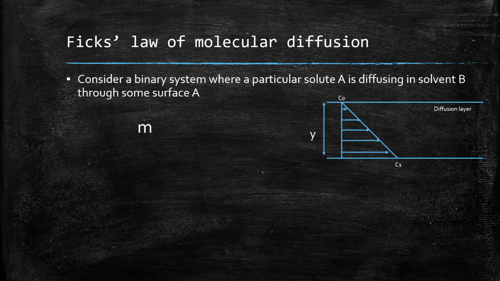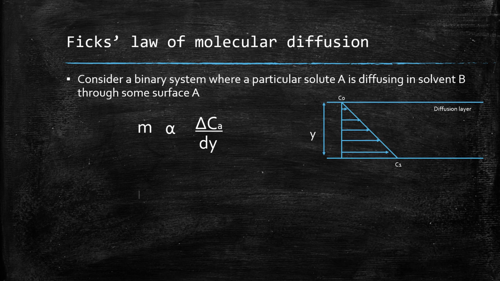Again, if we now see the mass flux that is going to happen, it will be directly proportional to the concentration difference. Higher the concentration difference, higher is going to be the mass flux. Also, the mass flux is going to be inversely proportional to the thickness of that diffusion layer. Higher would be the thickness of diffusion layer, lower would be the mass flux, because higher amount of resistance will be offered to that particular molecular diffusion.